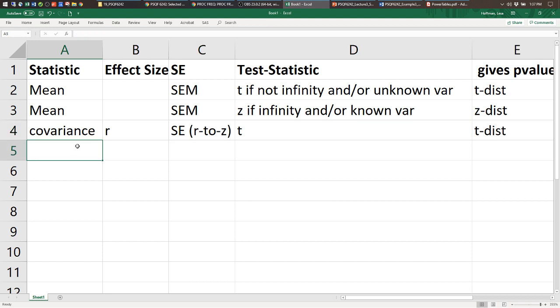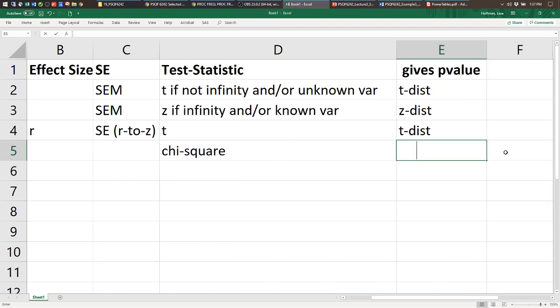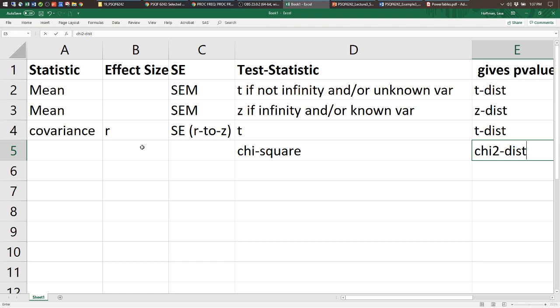How about chi-square? We have a measure of association that is computed directly, and then this is the chi-square distribution that goes with that. What kind of effect sizes could we use with the chi-square for categorical data? R, yep, R is fine.